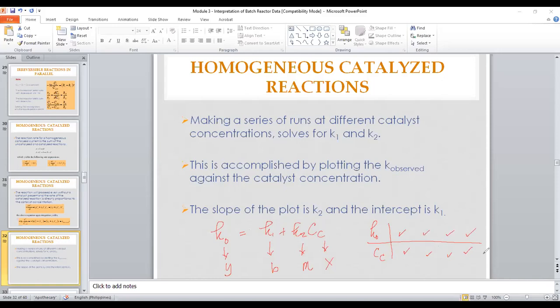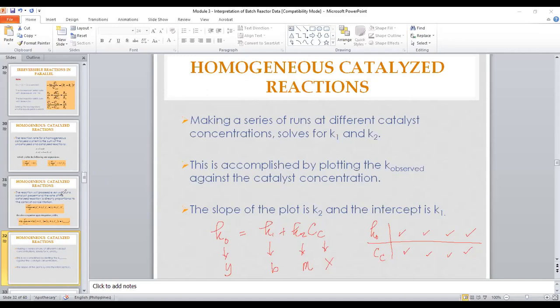If you plot the two, then you will have the slope and the y-intercept for the K sub 2 and the K sub 1 respectively. That's how you know.